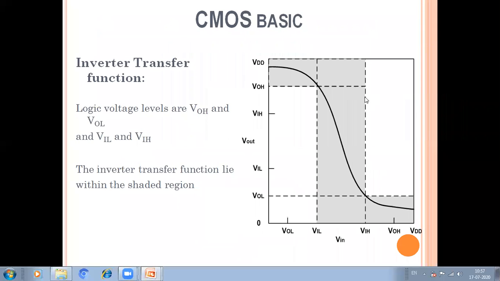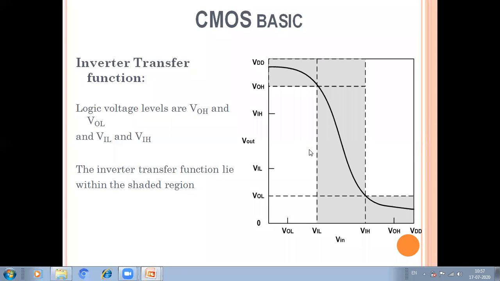Now here we'll understand the transfer function of the inverter. Here I have shown the parameters: this is the input voltage and this is the output voltage. Input voltage versus output voltage is the transfer characteristics.